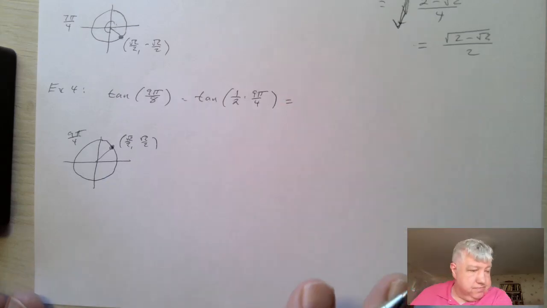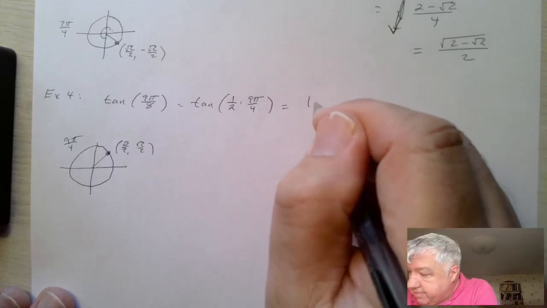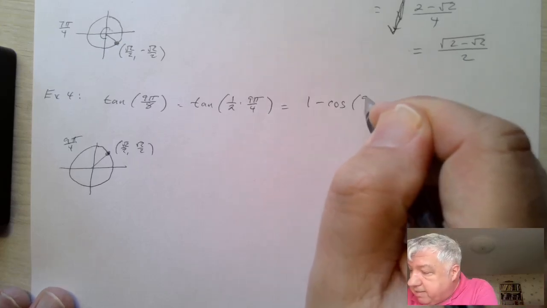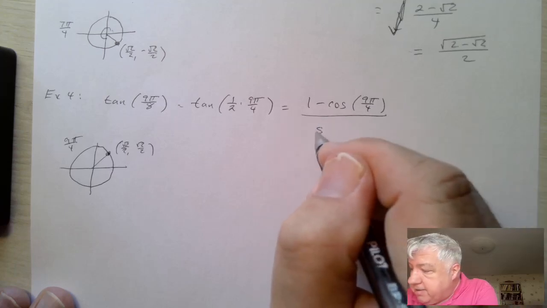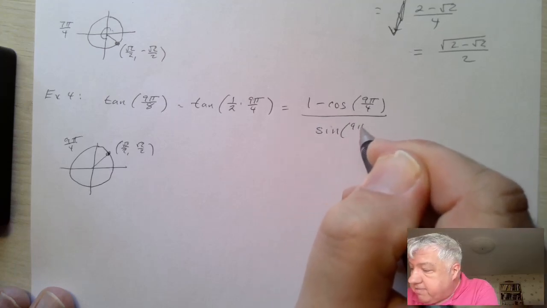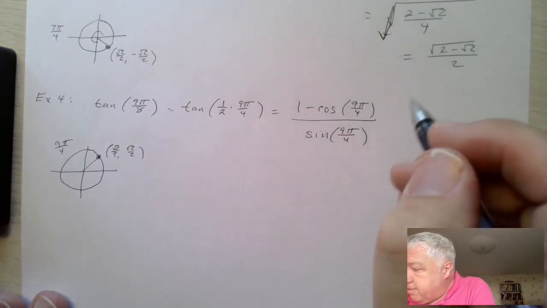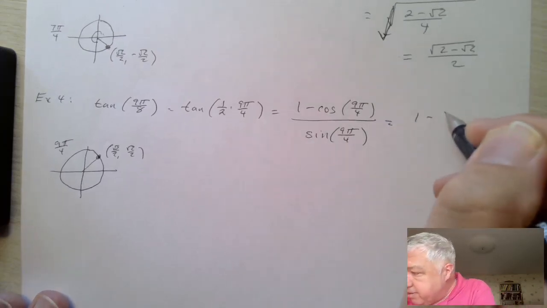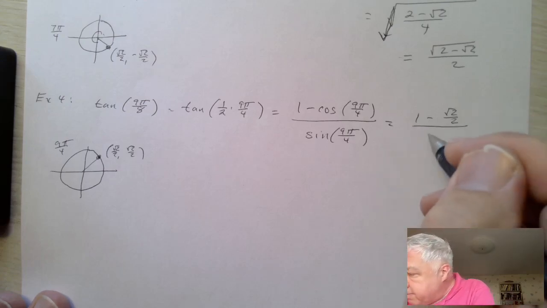So let's do this. So this will be 1 minus cosine of 9 pi over 4 divided by the sine of 9 pi over 4. And so this will be 1 minus square root 2 over 2, over square root 2 over 2.